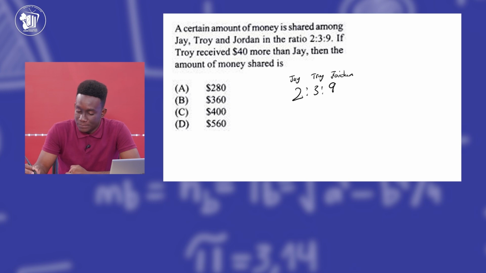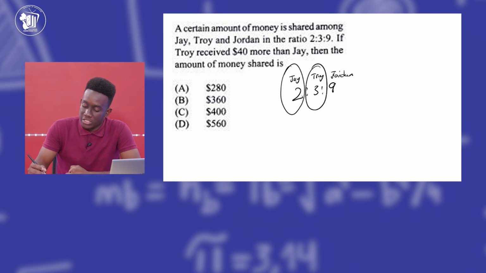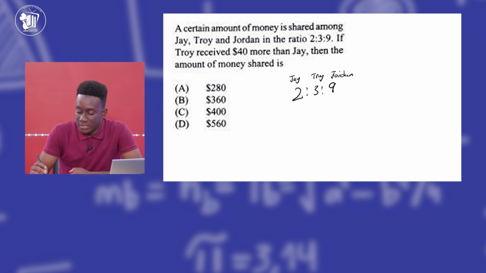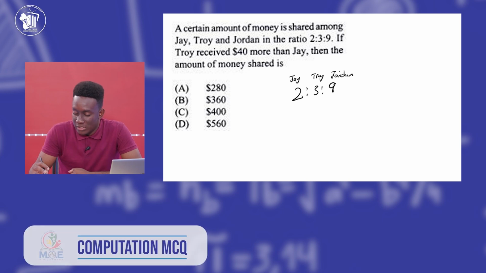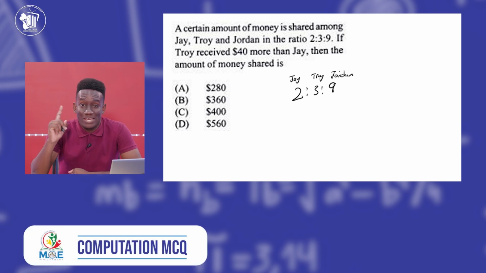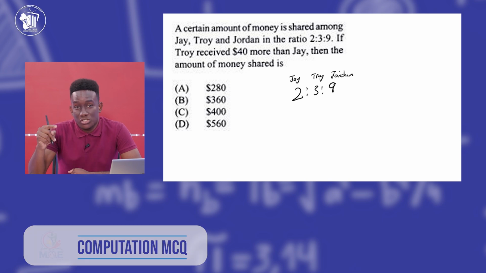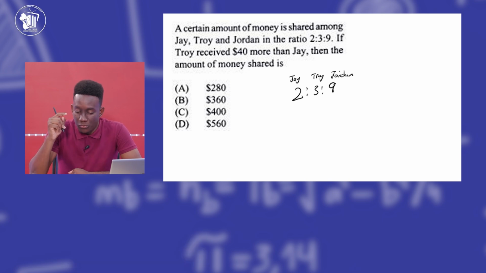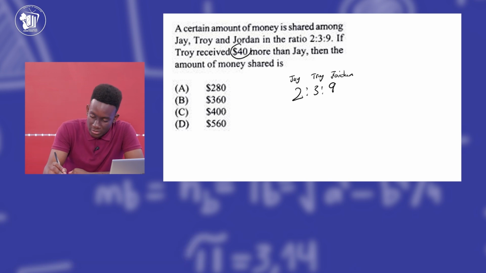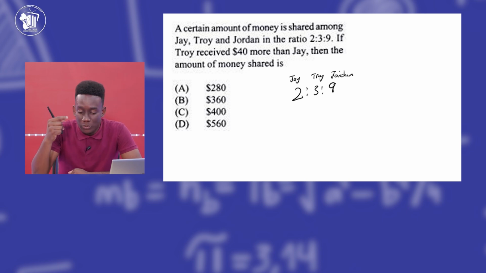So Troy received $40 more than Jay. And as we can see, Troy received 1 extra share than Jay. So that 1 extra share will amount to $40. The most important thing when we are dealing with ratio is to find the value of one share.